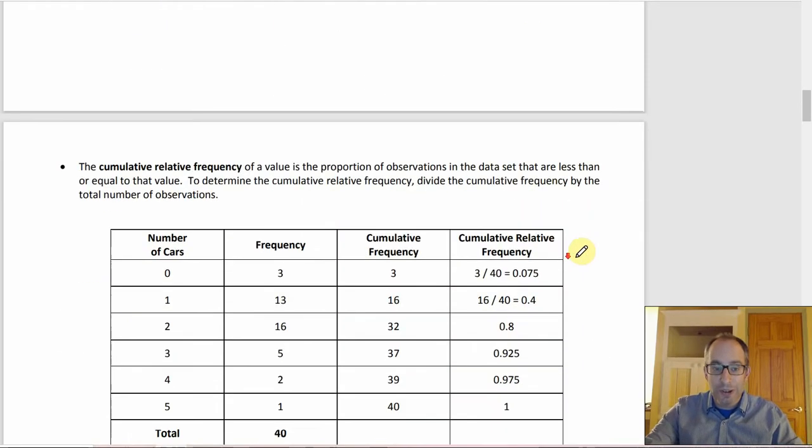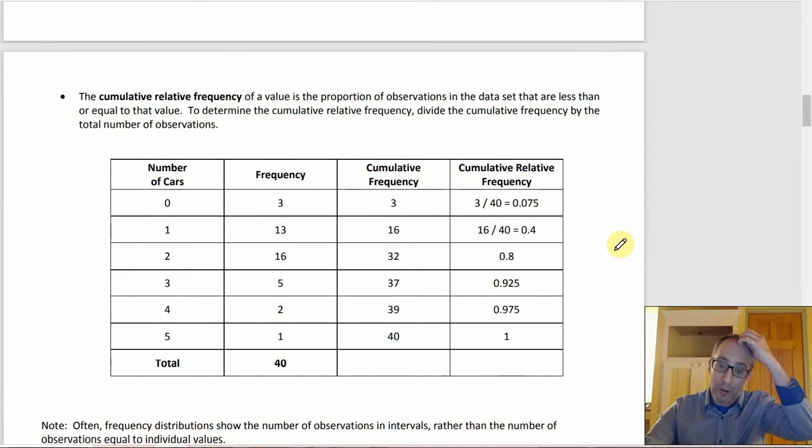There is also a cumulative relative frequency, which, just like the difference between frequency and relative frequency, differs from cumulative frequency in that this new one is in proportion form. So you would just take the cumulative frequency and divide by 40 to get the cumulative relative frequency. So that's the proportion of observations in the data set less than or equal to the value in question, right?